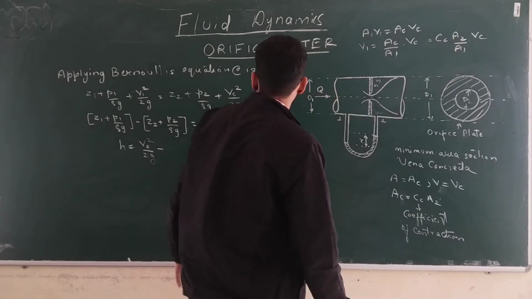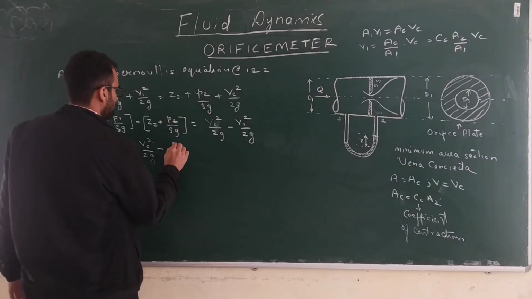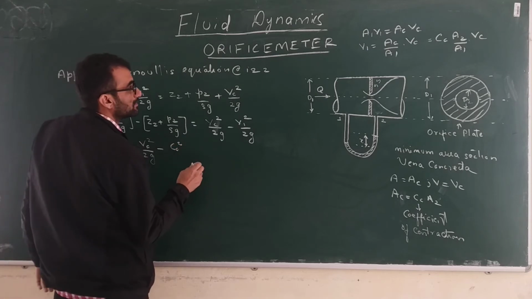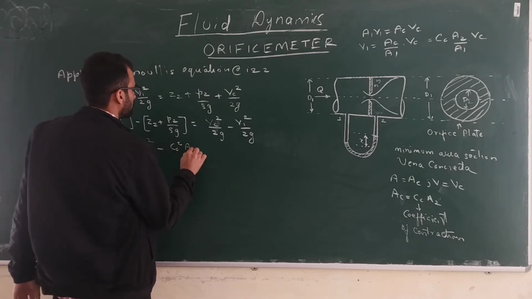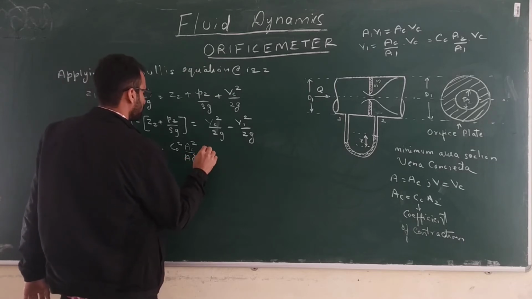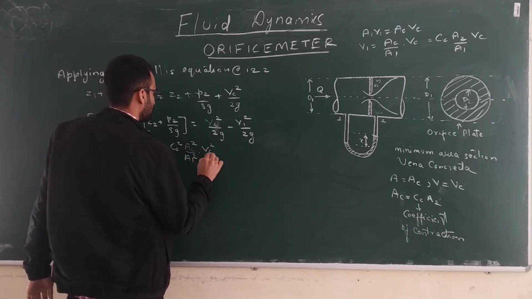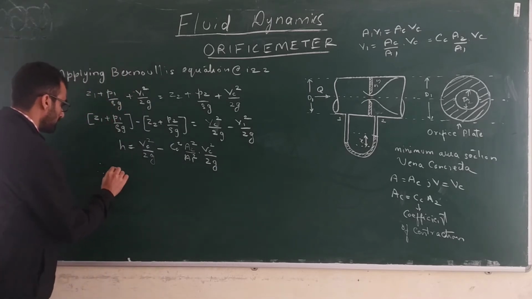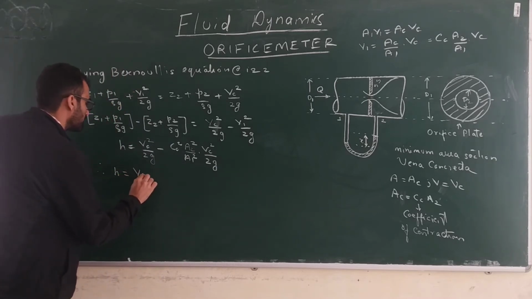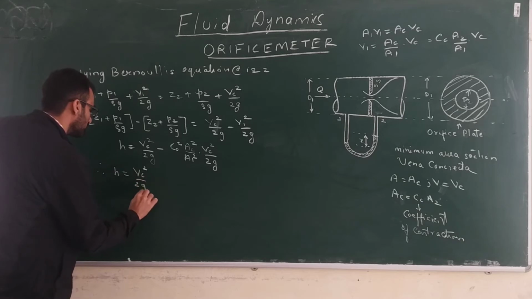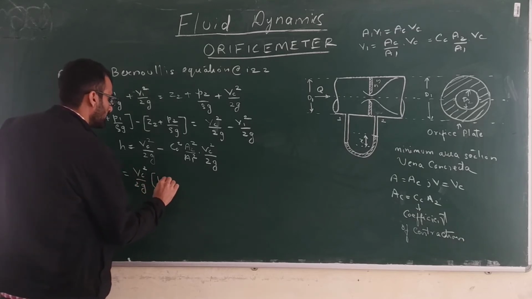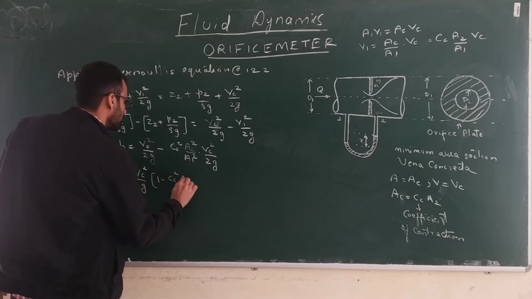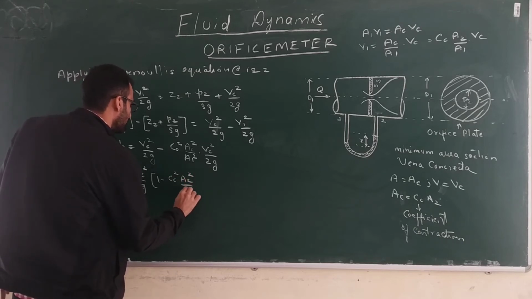Alright, so now we'll just replace that here. We have CC square, then A2 square upon A1 square into Vc square by 2g. Now let's take Vc square by 2g common, and we have 1 minus CC square A2 square by A1 square.